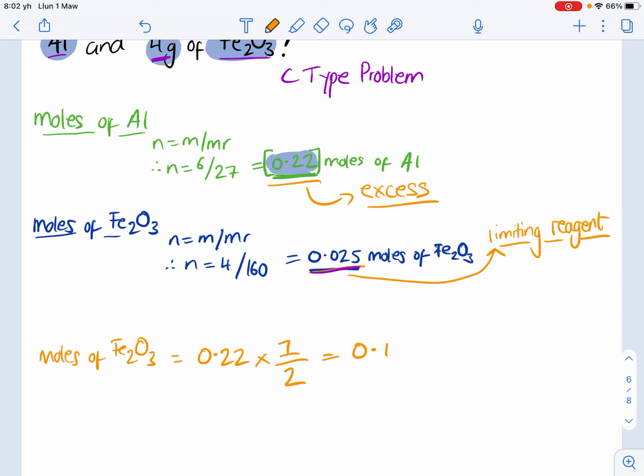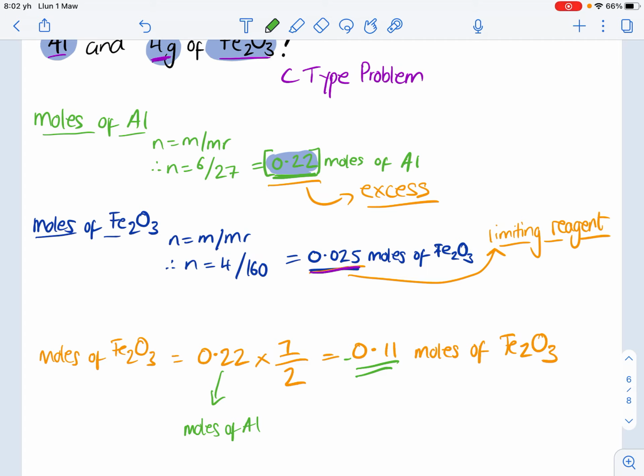If we do half of that, we're going to get 0.11 moles of iron oxide. Because remember, this here is moles of aluminium. That's how many moles of iron oxide we need to react with the number of moles of aluminium we have in our reaction mixture.